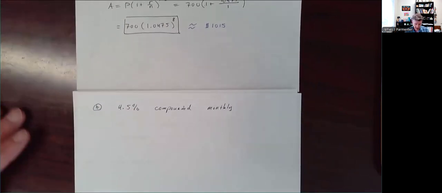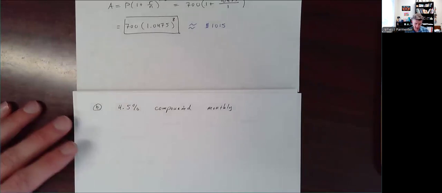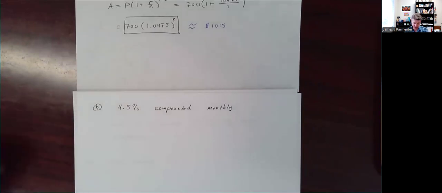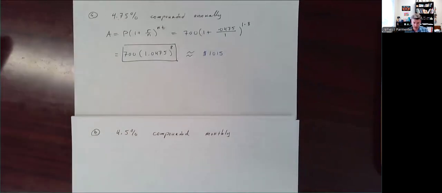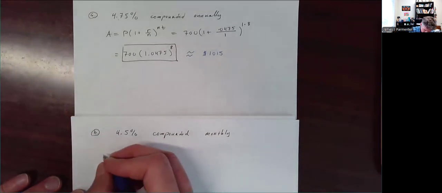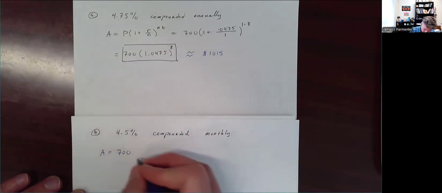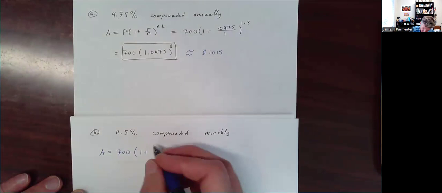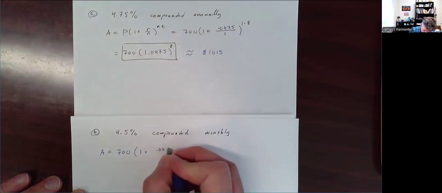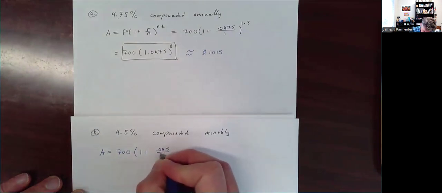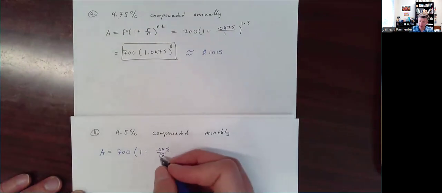So the next one's going to be the same idea, except now we're going to compound monthly with a 4.5% interest rate. So it's going to be the same formula, except now the amount of money is going to equal still the same principal, $700, times 1 plus, but now the interest rate, instead of being 0.0475, is going to be 0.045 divided by 12, because we're compounding it 12 times per year, right?